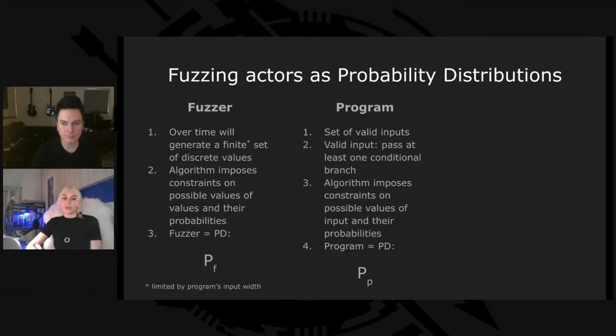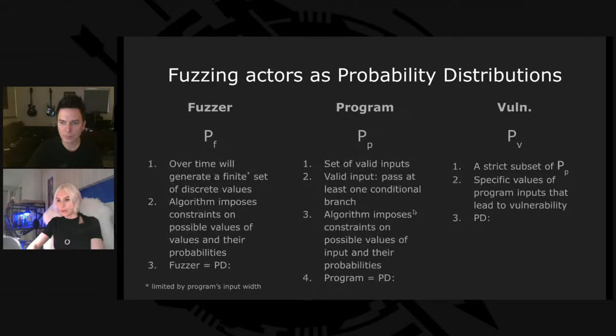A valid input can be defined as any input that passed at least one conditional statement, which is a validation. So there is this set of all possible inputs, which basically covers all possible branches in the program and all possible combinations of its execution. And this set, you can also think of as a certain probability distribution. Here I call it PP.